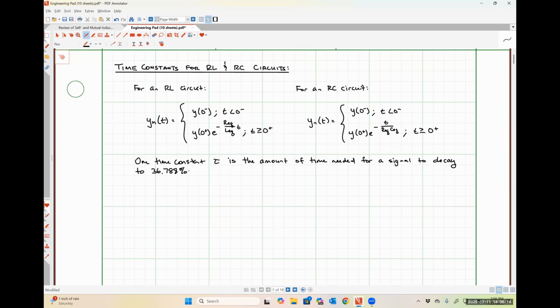That may seem like a very strange number, but 36.788% is literally just e^(-1).